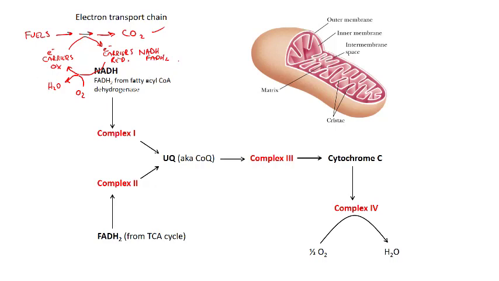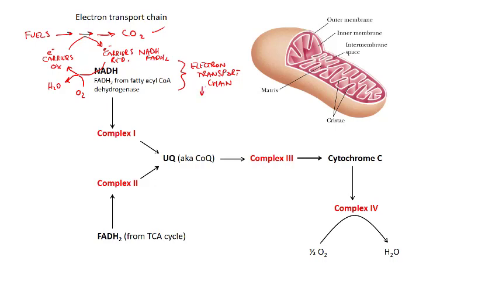This lower half of aerobic respiration is called the electron transport chain. The electron transport chain is a relatively short pathway, although the enzymes involved are very, very complicated.